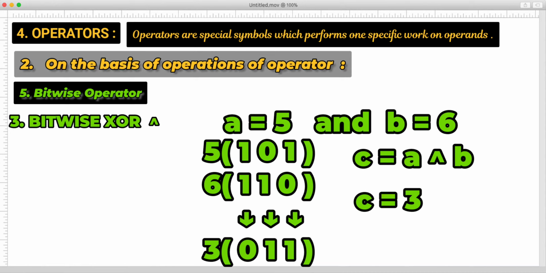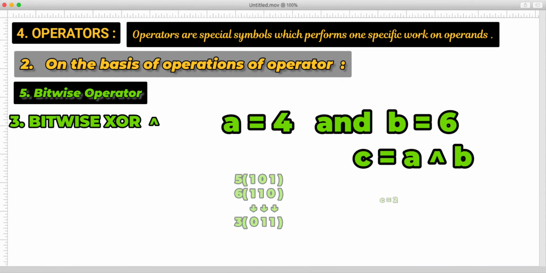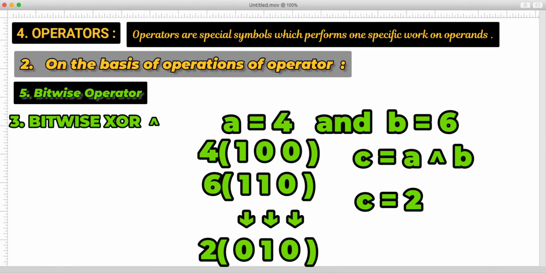Let us take one more example for a bitwise operator. Suppose a is equal to 4 and b is equal to 6. Now the binary conversion of 4 is 100 and 6 is 110. So when we apply bitwise XOR, we get 1 XOR 1 is equal to 0 as both of them are true.